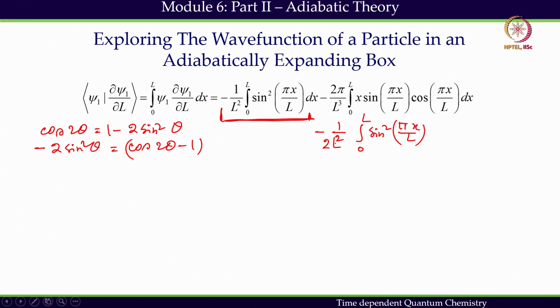We'll multiply by 2, and then this is 2, this is dx. So this part can be written as cos 2 theta minus 1. So we'll write down cos 2 pi x by L minus 1 dx.